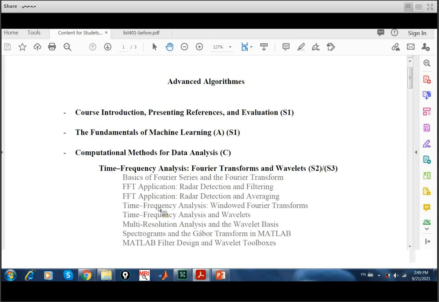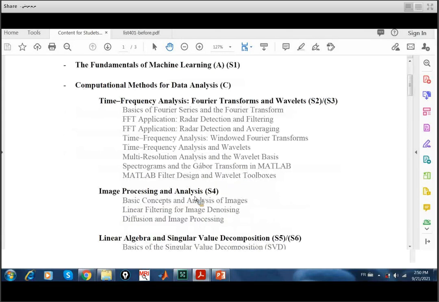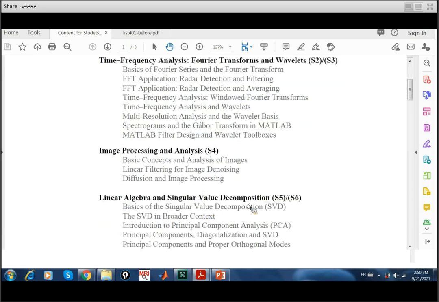Okay. After time frequency, we will see a little about image processing and analysis in MATLAB, like the previous subsection. In all the subsections, we have MATLAB code. Another topic is linear algebra and singular value decomposition.